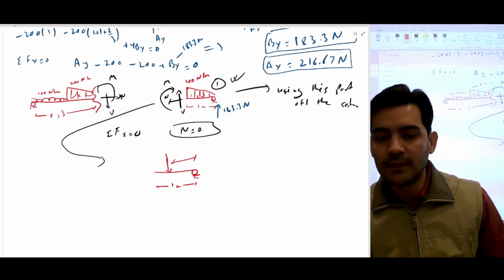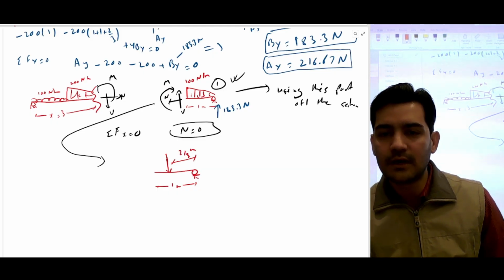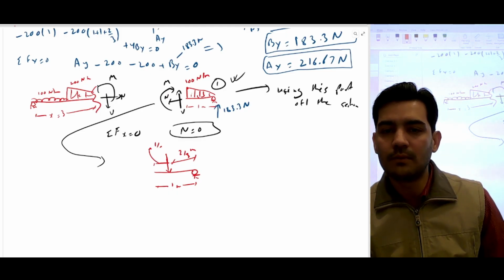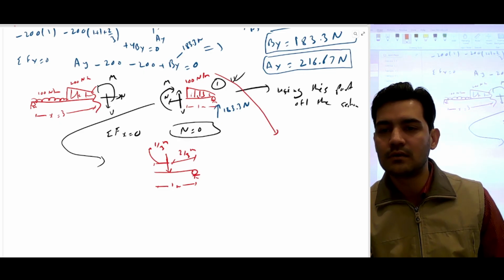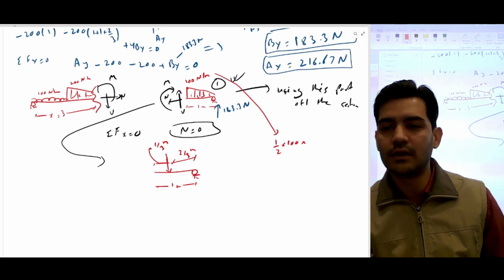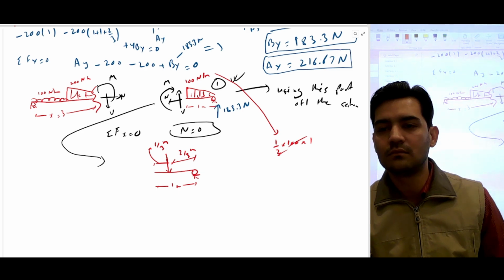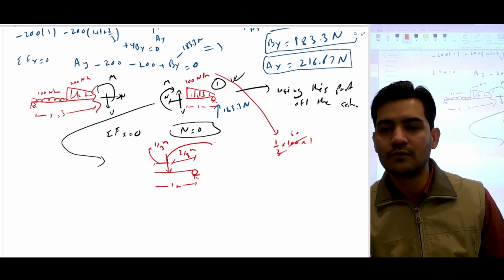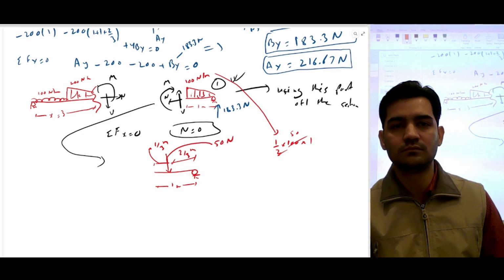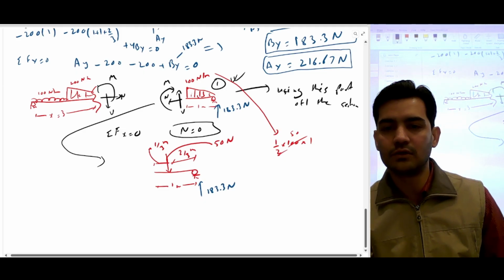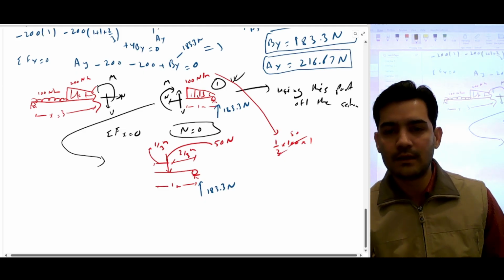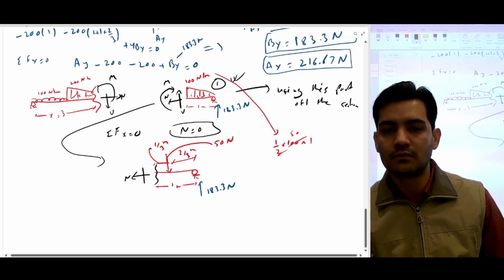So this should be 2 by 3 meter, and this should be 1 by 3 meter. And the total force is half into 100 into the length, which is 1. So the force is 50 Newton. And we already know this reaction, 183.3 Newton. And these are the internal forces.